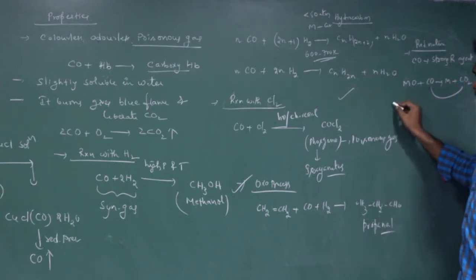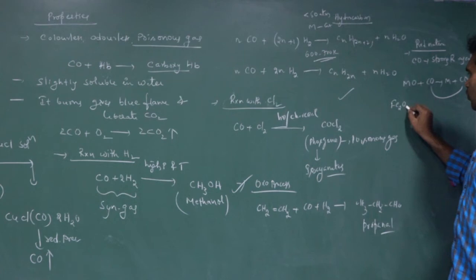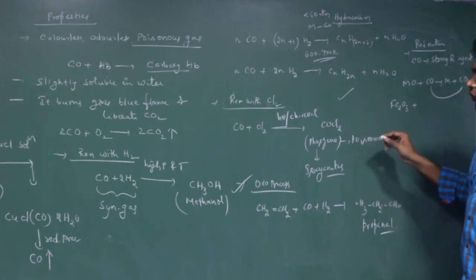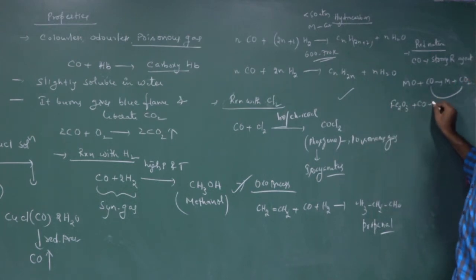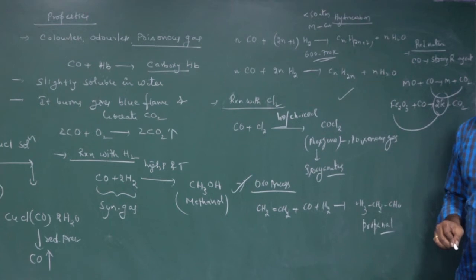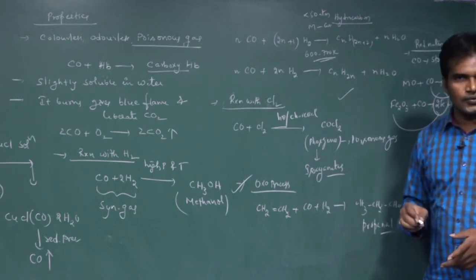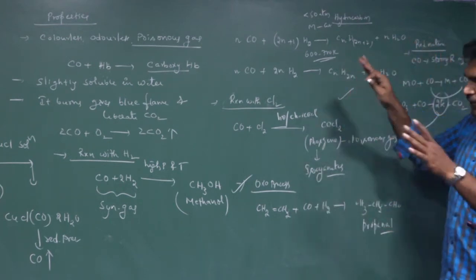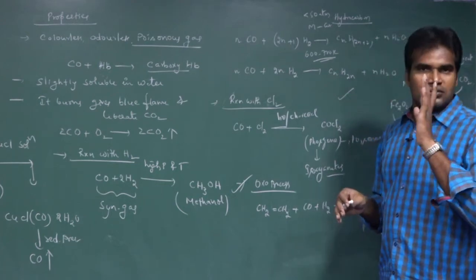Remember that. For example, take Fe2O3. When Fe2O3 reacts with carbon monoxide, we get iron plus CO2. So here Fe2O3 is reduced to iron. This is a chemical property of carbon monoxide.